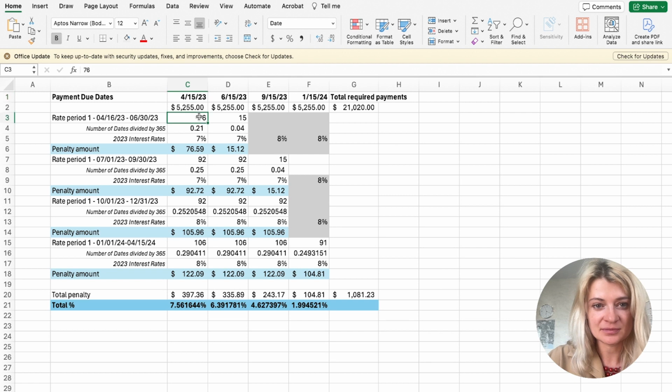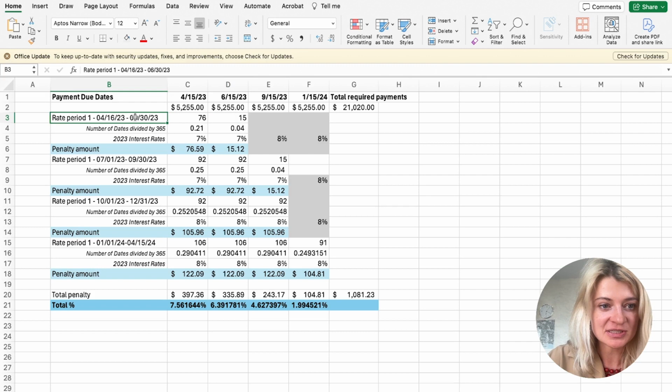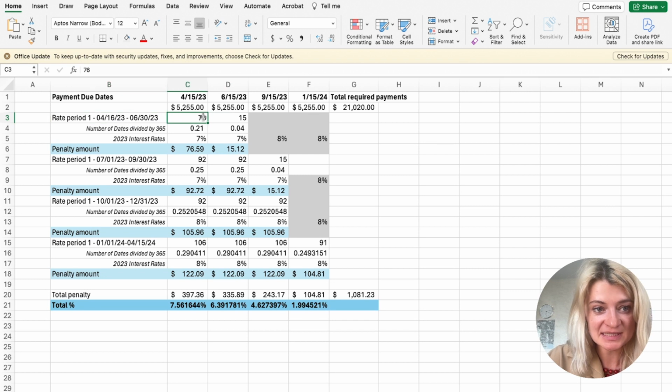This is from June 15 to June 30th, and this is for all of this first period. It's a little bit not straightforward, but for the full period it's 76 days. So it will be 2.5 months from April 16 to June 30th, right?